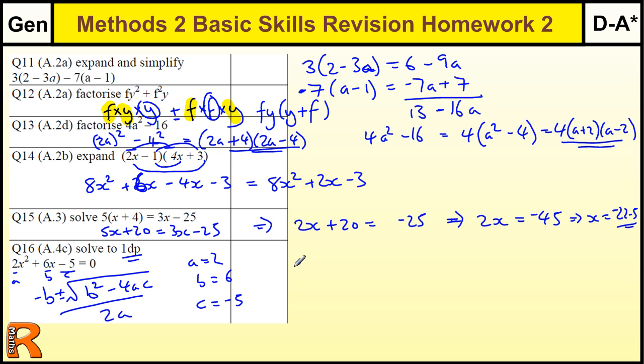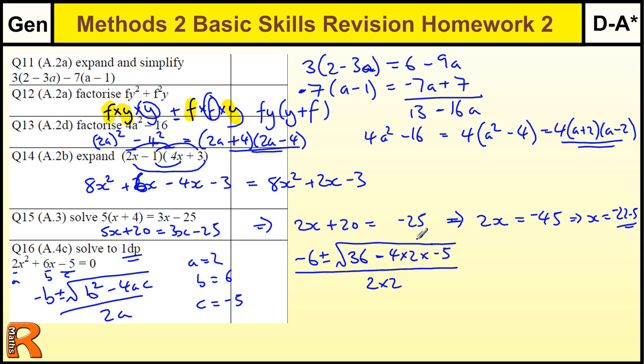It's worth writing out the numbers in the equation. So we've got minus 6 plus or minus the square root of b squared. If I can do it straight off, I would just do 6 squared is 36, minus 4 times 2 times negative 5, all over 2 times 2, because 2a.